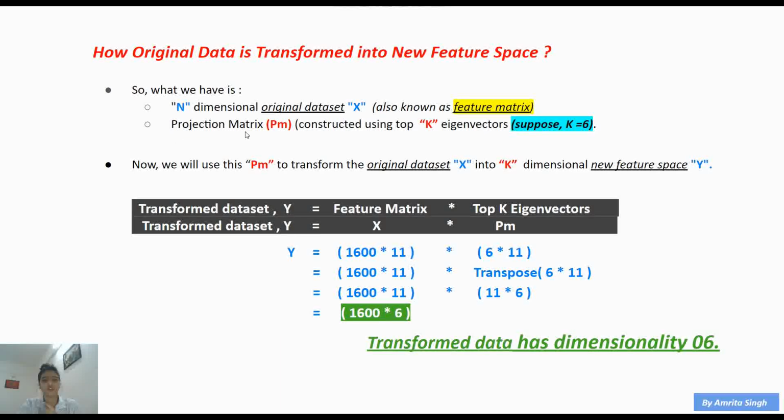The second thing we have is the projection matrix, which we just constructed in the previous step using the top k eigenvectors, or top k principal components. For better understanding, let's take the value of k as 6. Now we'll project our original data set to a new feature space. For that we simply multiply the feature matrix with the projection matrix.